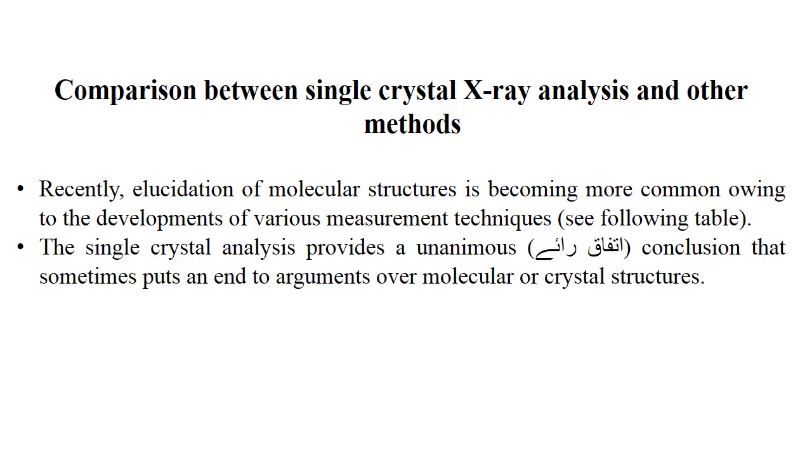Nuclear magnetic resonance, which is commonly known as NMR, mass spectrometry MS, and IR, meaning infrared spectroscopy, are the typical examples. However, these spectroscopic techniques derive just a list of partial structures, and it is sometimes difficult to deduce the three-dimensional structure of the whole molecule.